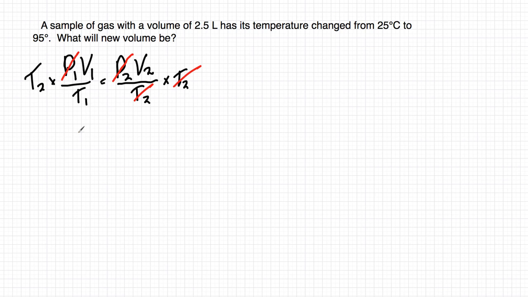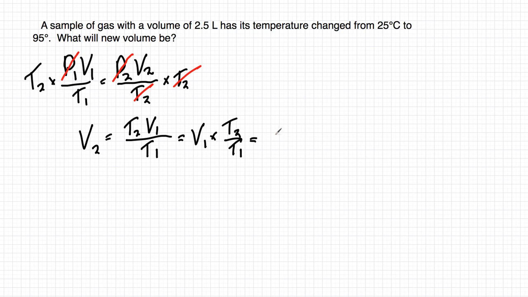And what I get is, flipping it around, V2 is equal to T2 V1 over T1. Okay, now I'm going to rearrange things just a little bit. I'm not actually doing any algebra here, I'm just collecting terms a little bit to neaten it up. And this is what I get.